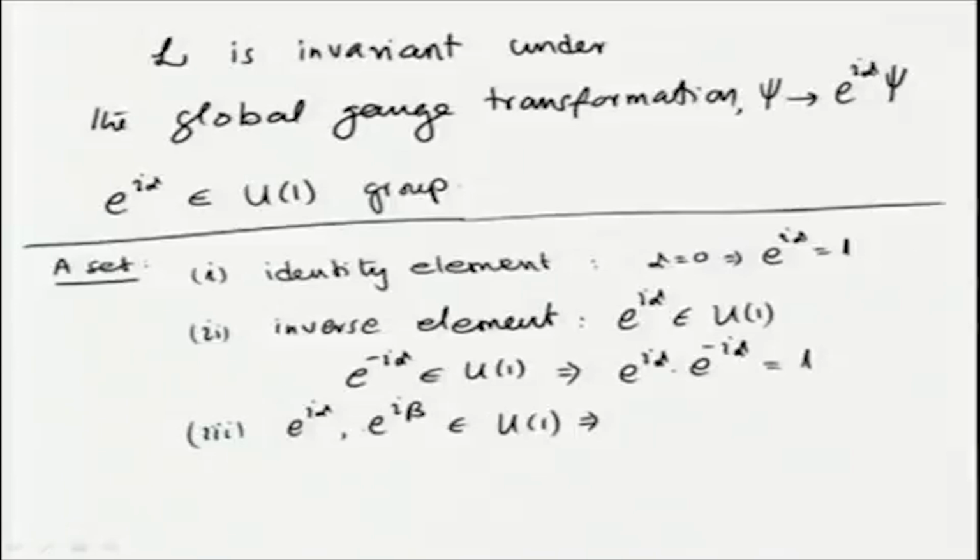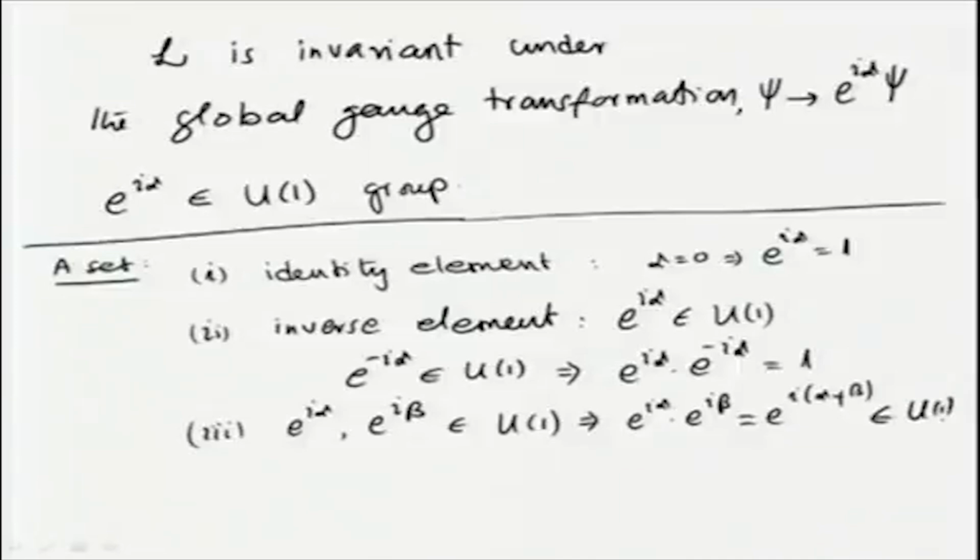If these are two elements of the concerned group, take any two elements, then a combination of them, the product e^{iα} e^{iβ} = e^{i(α+β)}, is also an element of U(1).